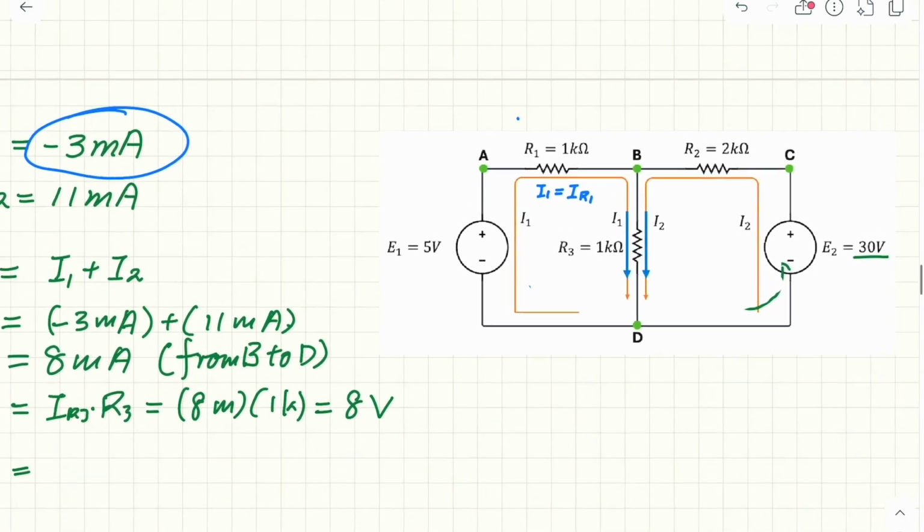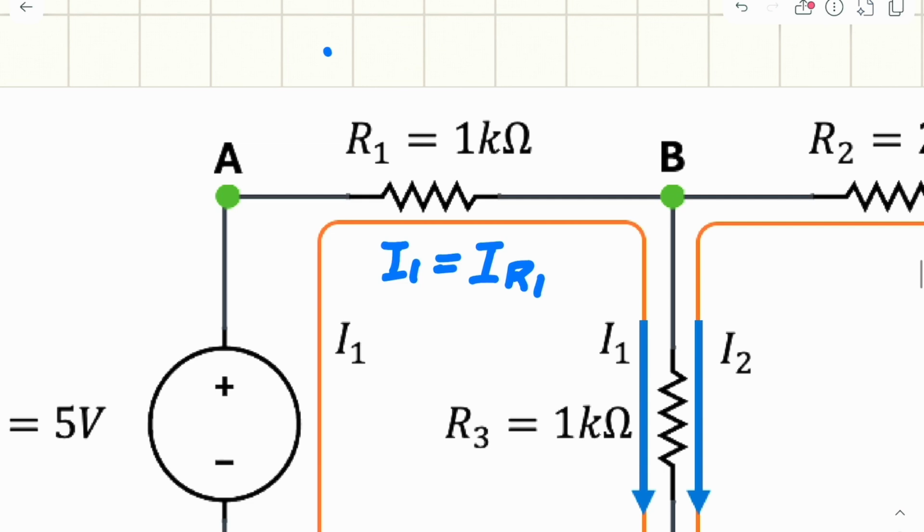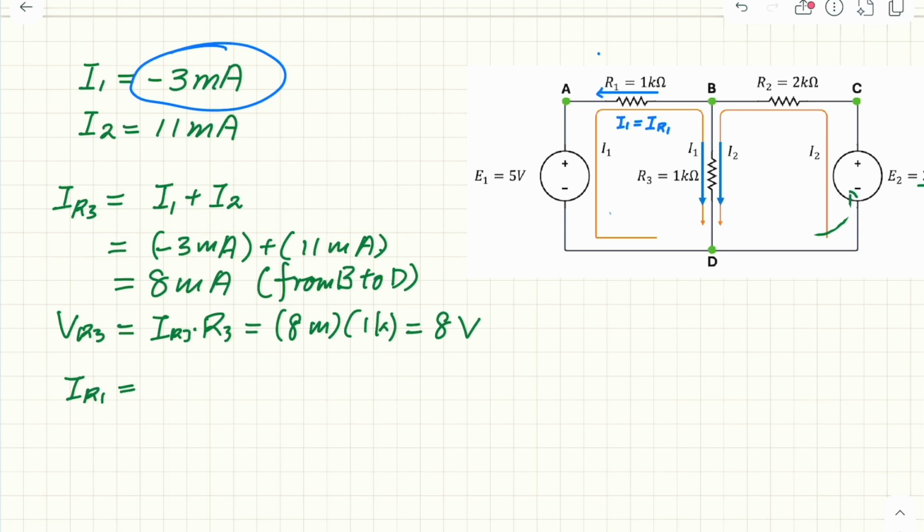So what it really means is the real current passing through R1 should be from B to A, which is opposite to the direction we assumed in the beginning. IR1 is equal to I1, mesh current 1, and is equal to minus 3mA. But remember, the minus sign just means from B to A.